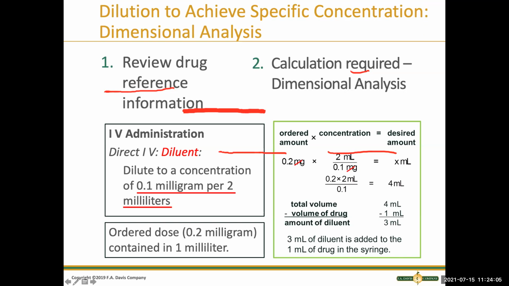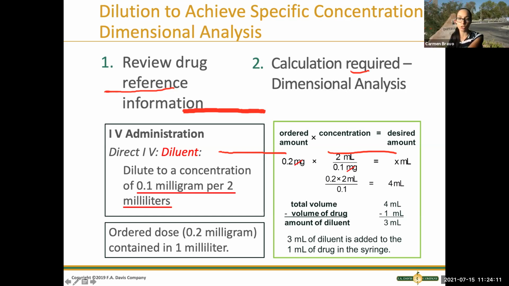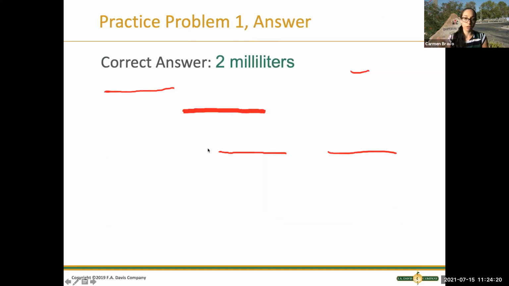Ah, okay. See, that's where I was getting confused. Which is going to be 4 when you divide it. Let me write it down here. Okay. Oh, and that's the answer right there.